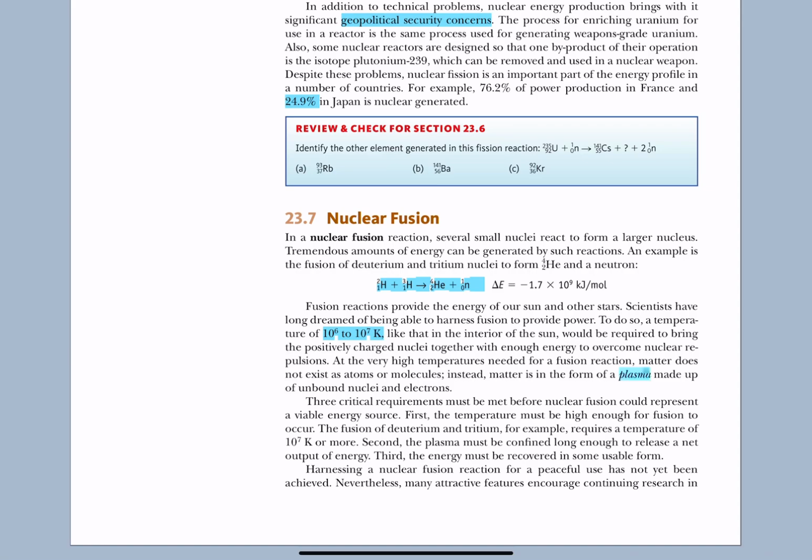So you might say, well, what kind of container can you put this plasma in as you try to carry the heat away to turn water into steam, and the steam then can turn your turbines to generate your electrical energy? And the answer is, well, it's not Tupperware. You actually have to suspend it in an electromagnetic field so that the plasma doesn't touch anything.